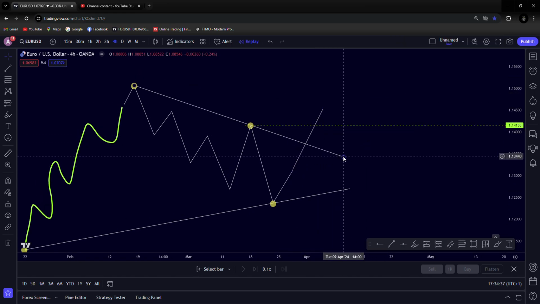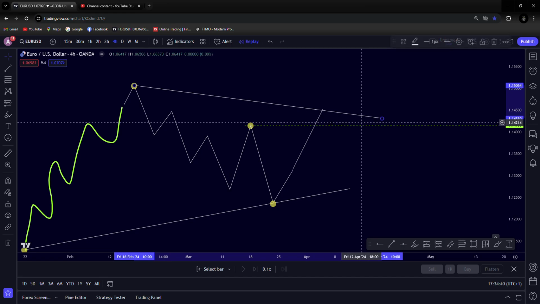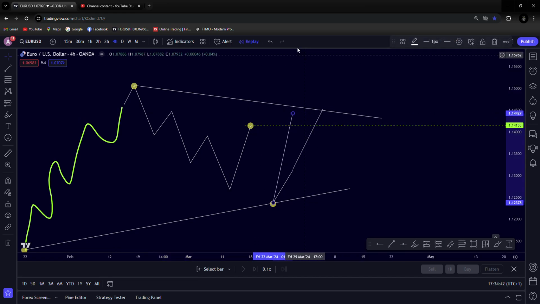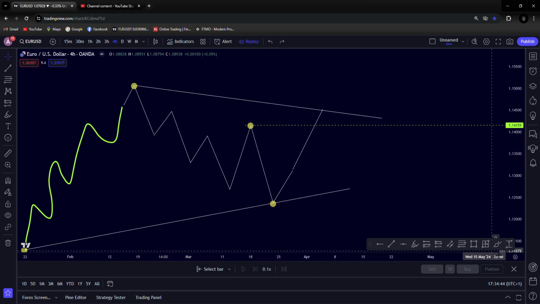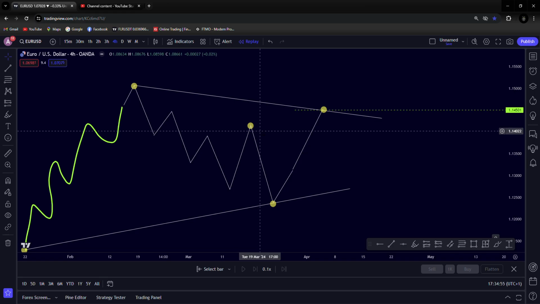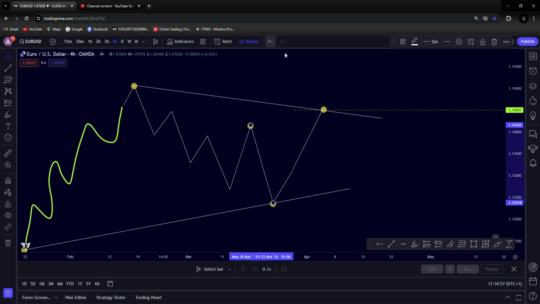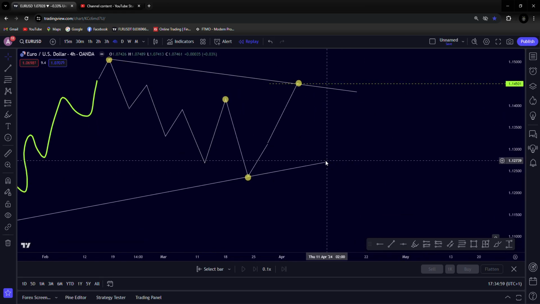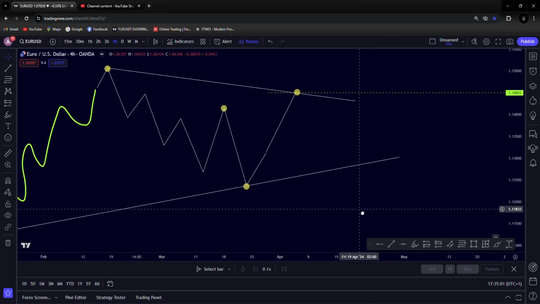And if that happens, this one becomes our point 2 again, where it's full of liquidity. We're going to leave that one over there, and we also have the point on the bottom.